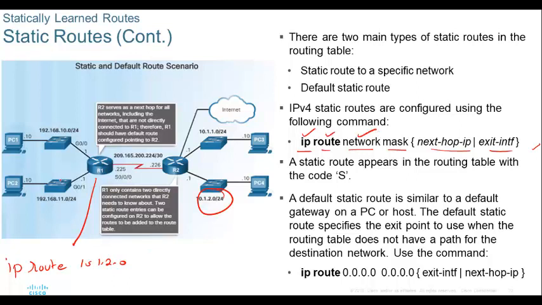This is the network, and then the mask, 255.255.255.0, and then the next hop address, 209.165.200.226, or this interface.